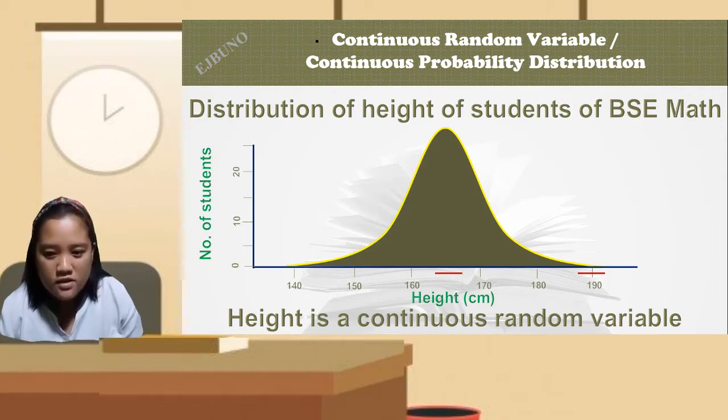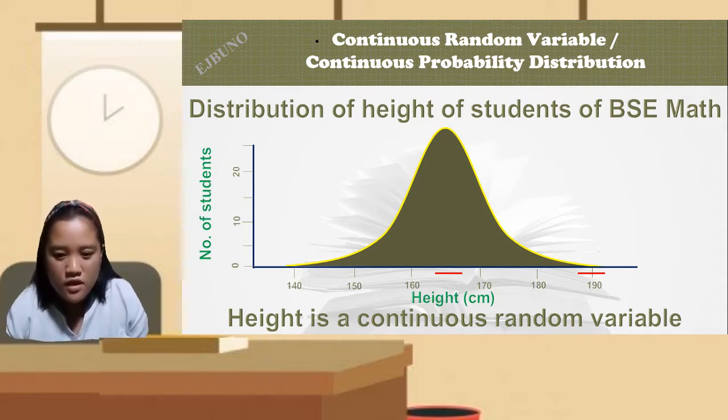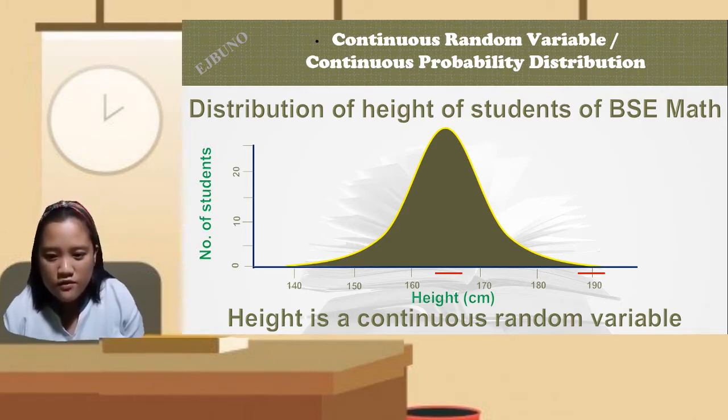Now height is a continuous random variable and is going to have a continuous probability distribution. And it looks something like a smooth version of a histogram. A little loosely speaking, values of the variable where the curve is high are more likely to occur than where it is low.